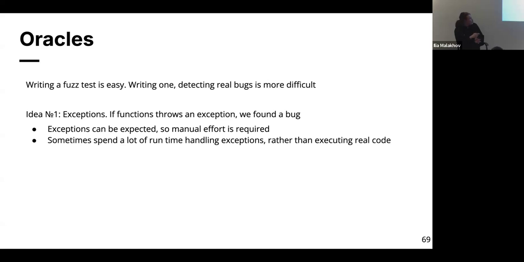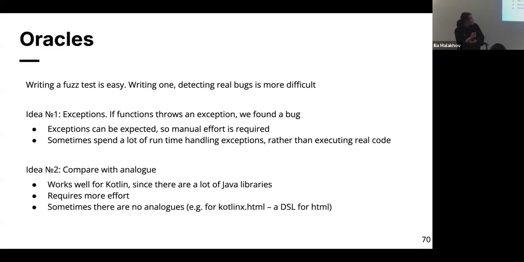The first idea is that it can check for exceptions, which is most of our tests. The problem is that some exceptions are actually expected and don't mean that this is a bug. So users still need to write some code to filter good exceptions from bad and so on.